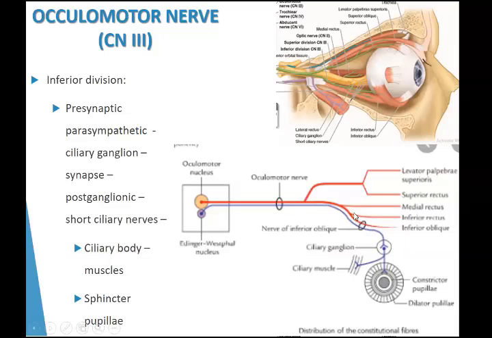I also told you that the parasympathetic fibers run with the inferior division of the oculomotor nerve, and from there they run down with the nerve to the inferior oblique. So the parasympathetic fibers run with the nerve to the inferior oblique.